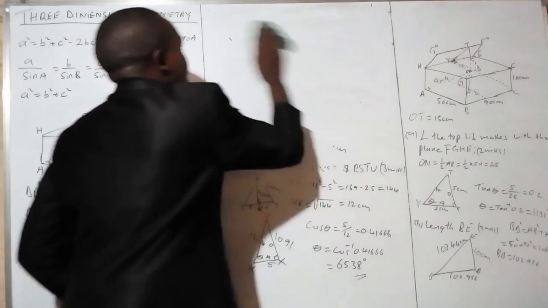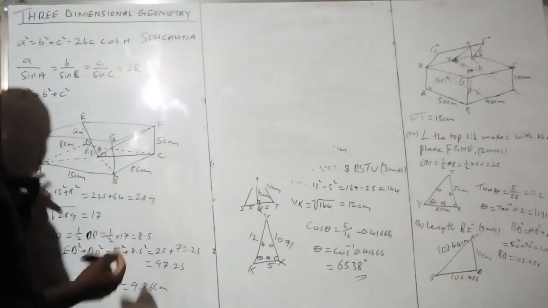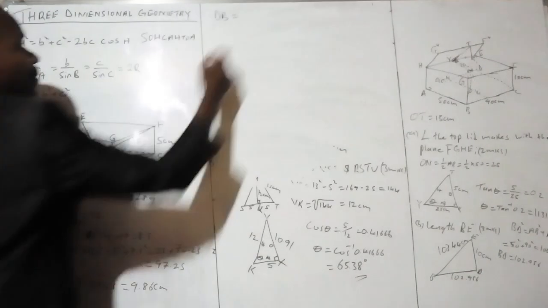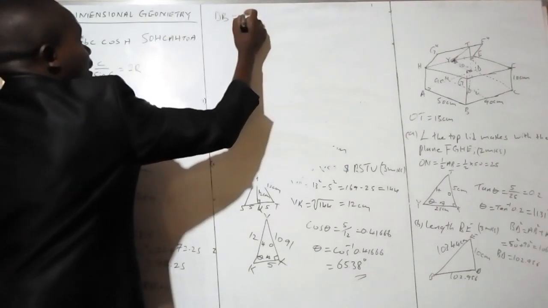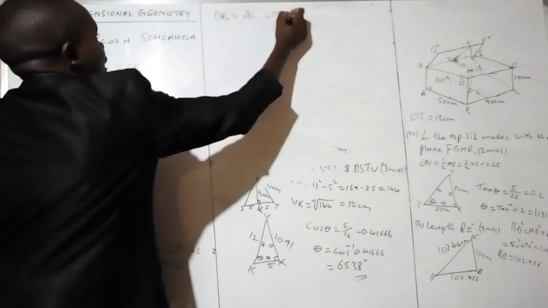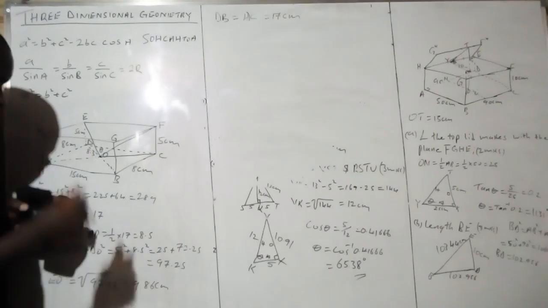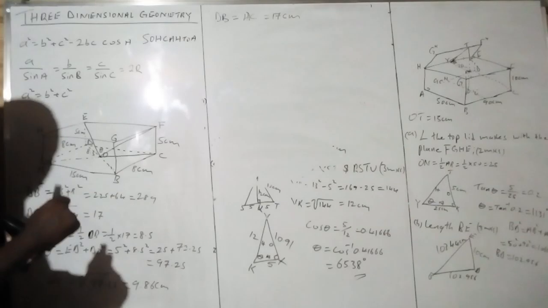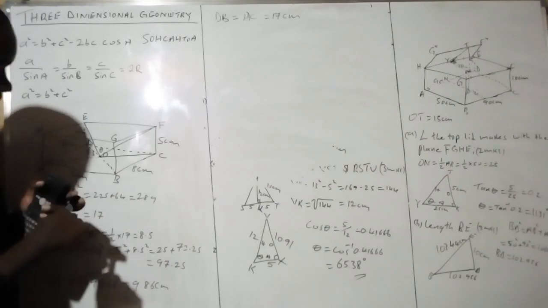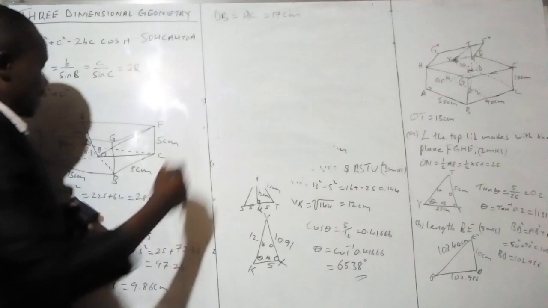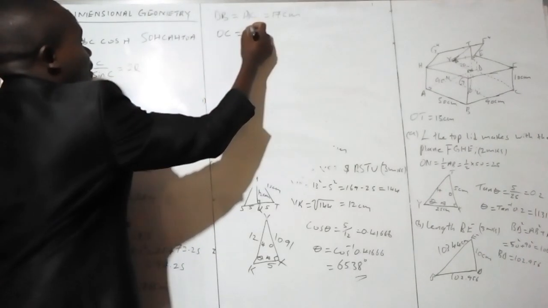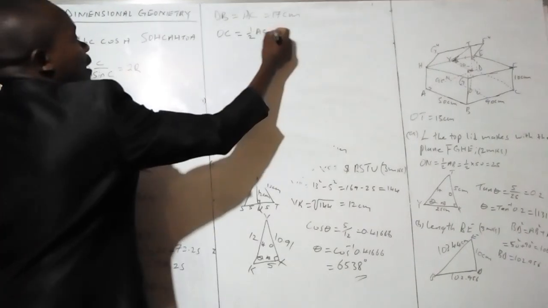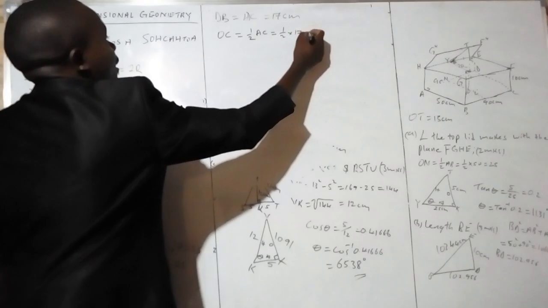DB is equal to AC, which is equal to 17 centimeters, which means OC is equal to a half of AC, a half times 17, which is also 8.5.